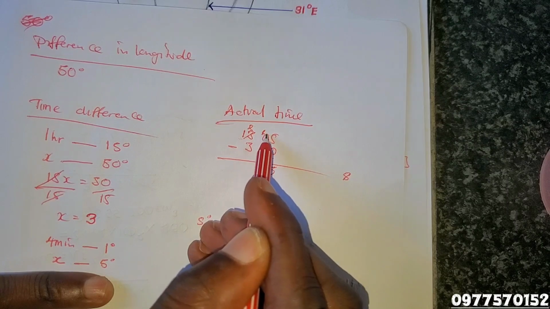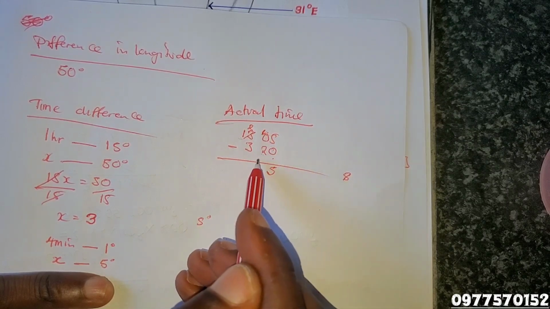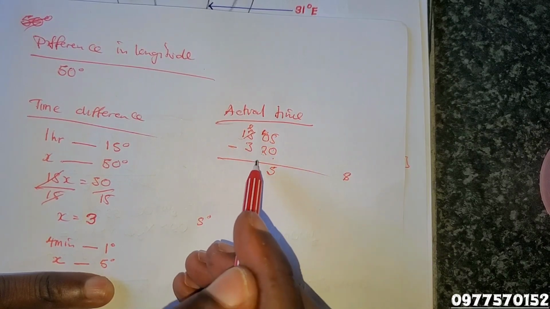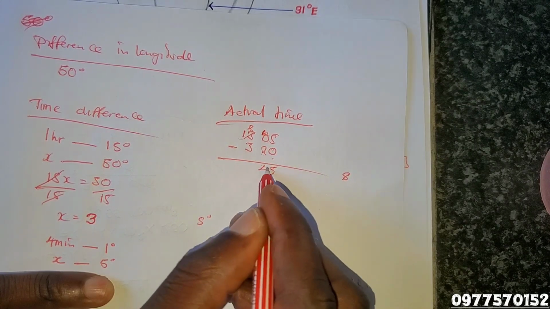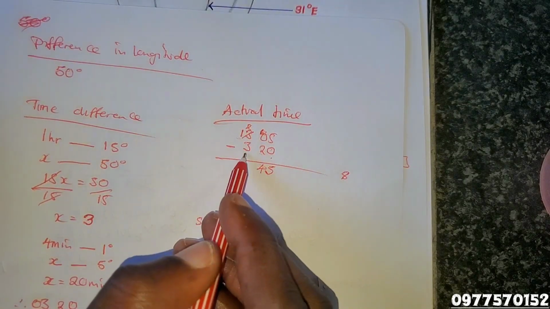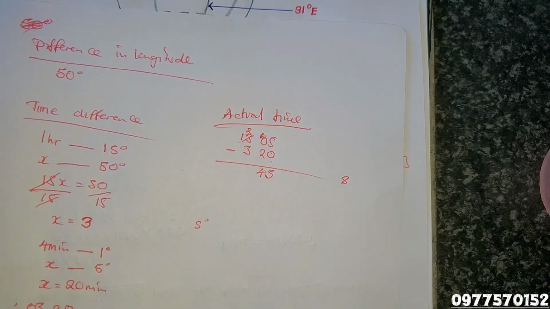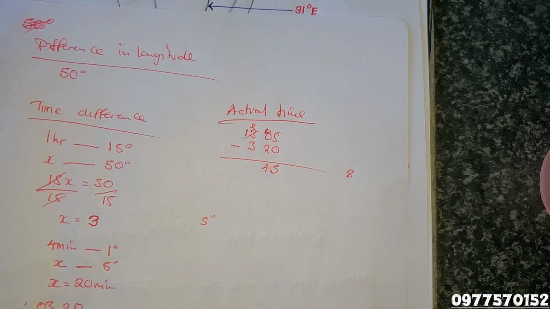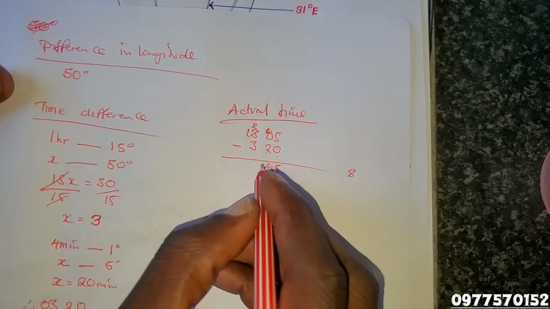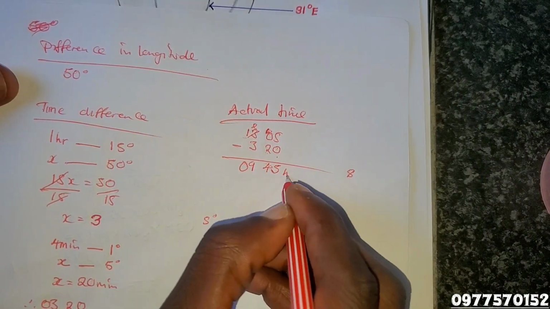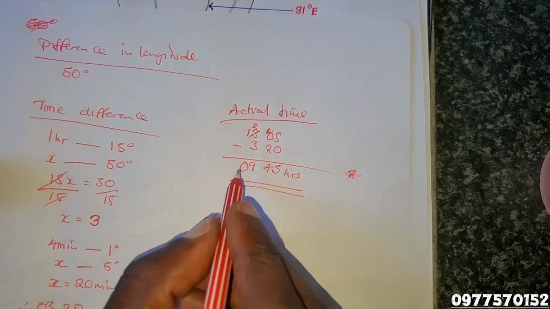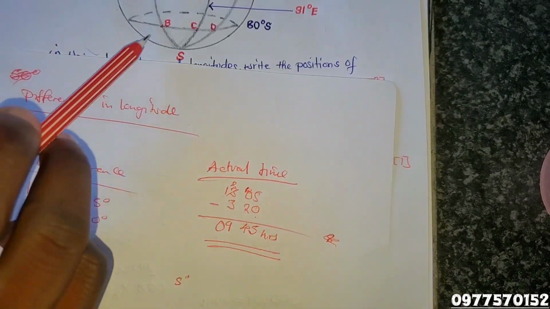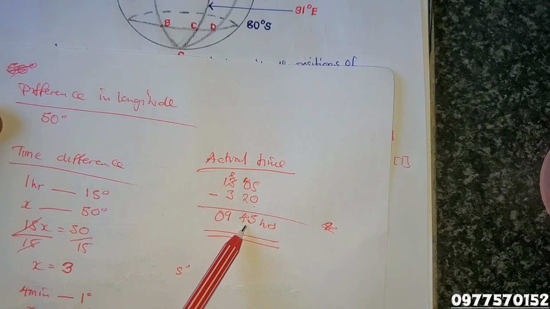So this one becomes 60, 6 minus 2 is 4. Then here 12 minus 3 is 9. So this is the answer. The actual time at C is 9:45.